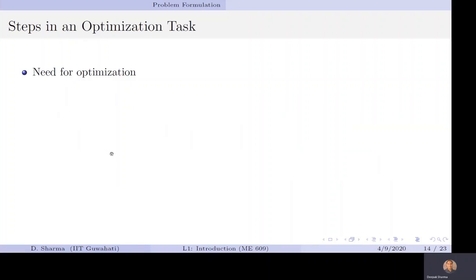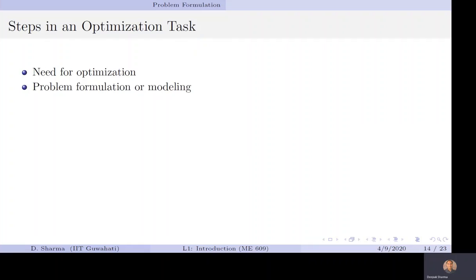Now there are some steps in an optimization task. First, when we are starting the optimization, the first question we have to ask ourselves is whether there is a need for optimization, because there are some problems that can be solved by simple simulation. When you are sure that yes, I need optimization, then we look for problem formulation.